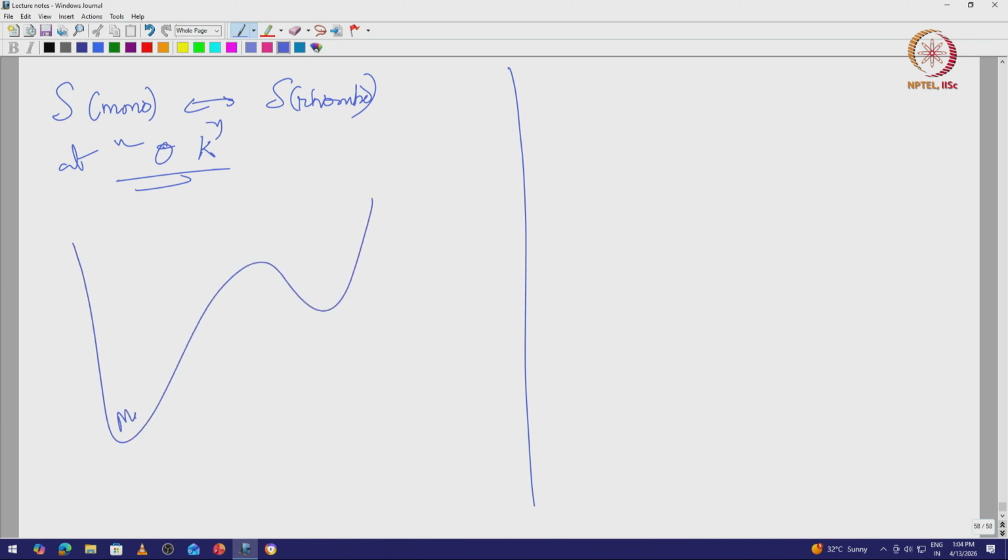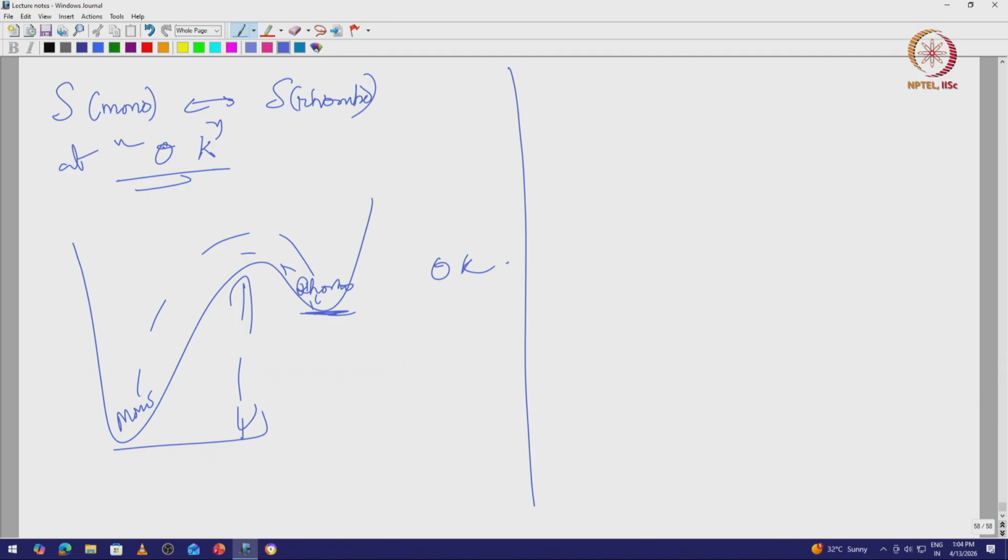So, this is mono, this is rhombo at 0 Kelvin, but that does not matter. Given enough activation barrier, I can still push from mono to rhombo, or if I am already in the rhombohedral phase, given enough activation energy, I can come from rhombo to mono, right. So, that is how I interpret this, right. So, I can go from one reaction coordinate to another reaction coordinate.